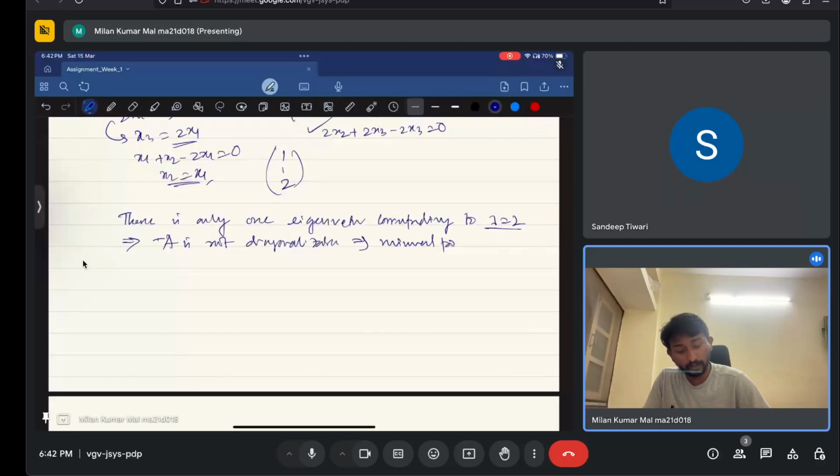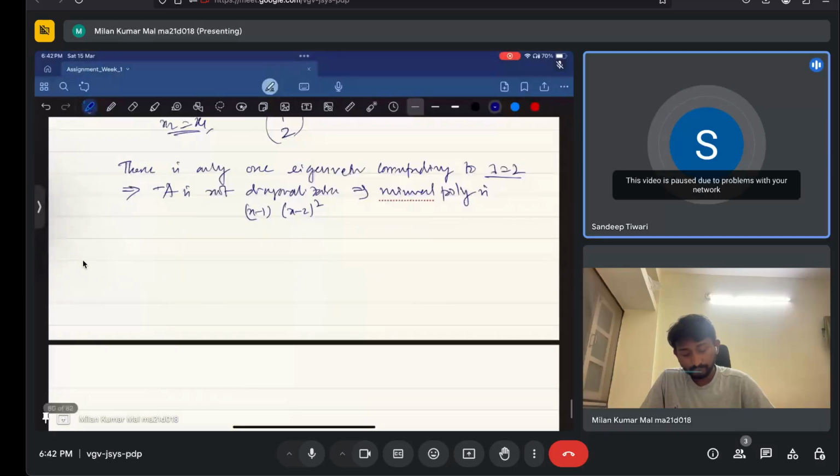So this is the minimal polynomial. Now E1 is T minus I and E2 is T minus 2I whole square.